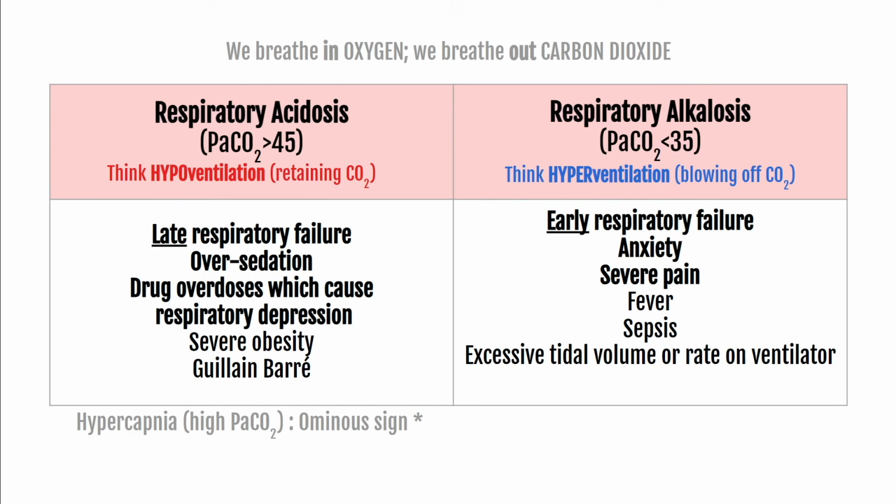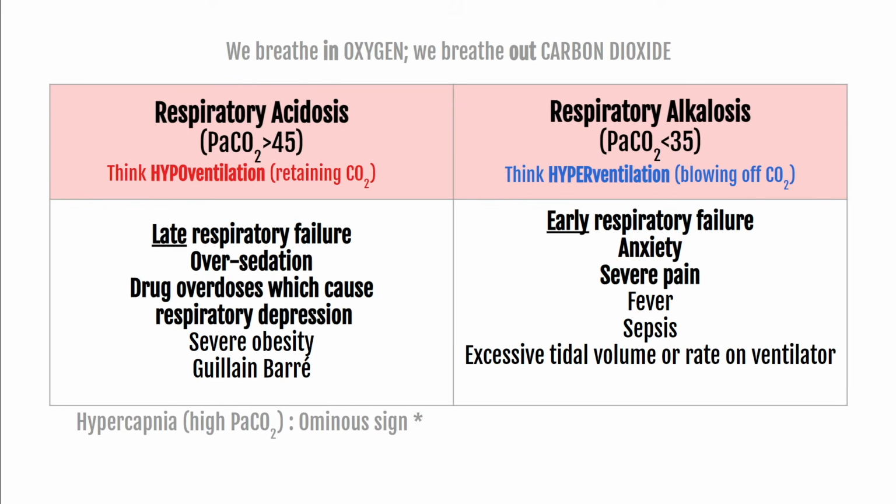On the other hand, we have respiratory alkalosis. And this is going to occur with a patient who is hyperventilating and blowing off a ton of CO2, making their PaCO2 less than 35. So when are you going to see a patient breathing fast? Well, you'll certainly see it in early respiratory failure when you're hyperventilating due to your body's response to some kind of insult or injury.